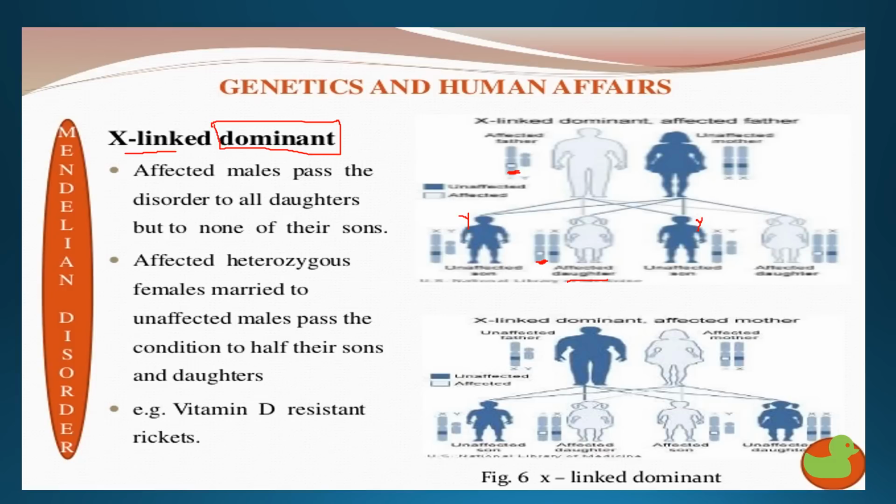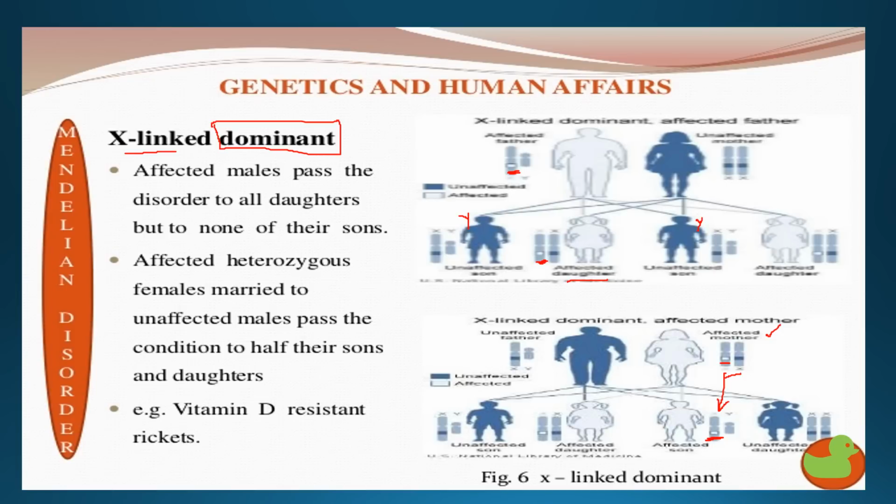Now coming to the other case, let us see where the mother is affected. She has the mutant one and the father has the normal X chromosome. In this case, one of the male children is normal because he has inherited the normal gene from the mother, and the other male child has inherited the mutant one from the mother.